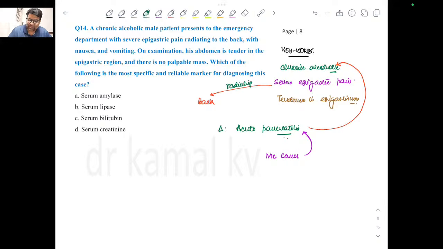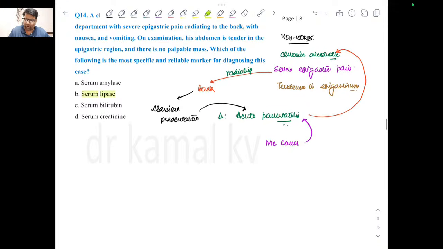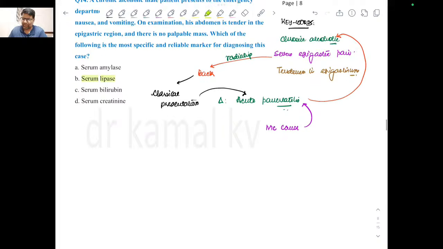That's the classical presentation of acute pancreatitis. Now which one we prefer? Obviously serum lipase. We will not prefer serum amylase because it can be related to other conditions also, but lipase is more sensitive and specific for pancreatic pathologies. So we'll go for serum lipase.